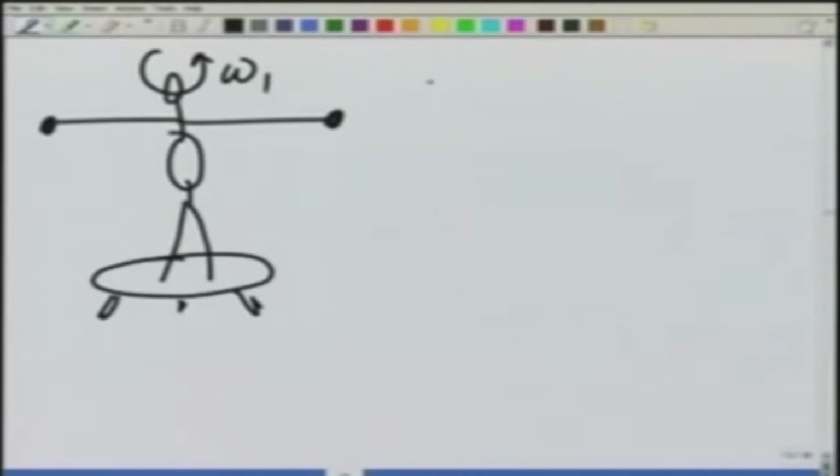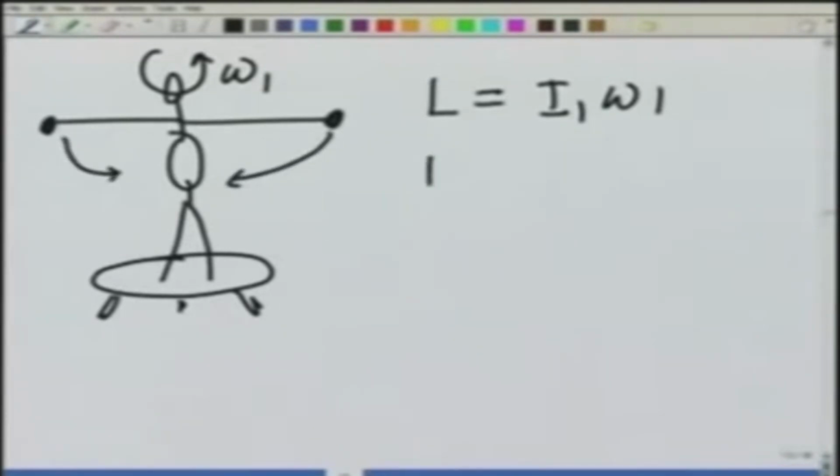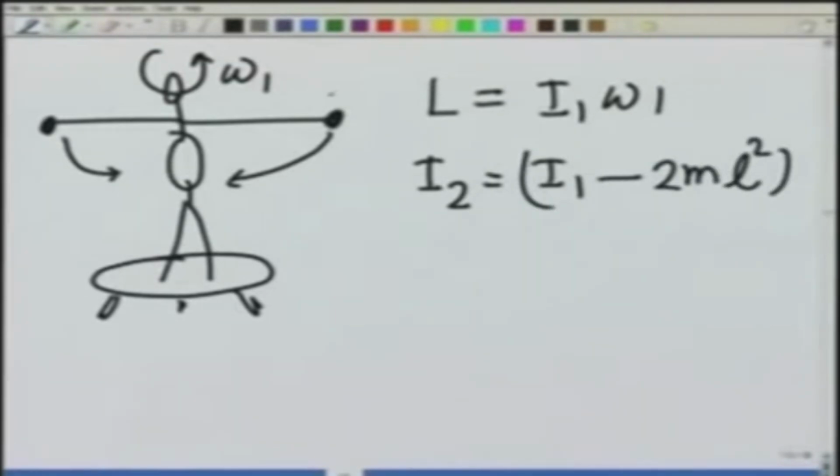So, my angular momentum L, as we just derived, was I1 omega 1. As soon as I brought these masses in, I changed to I2, which was I1 minus, let us say, roughly 2 m L square, where m is the mass of each of these and L may be the length of my arm.